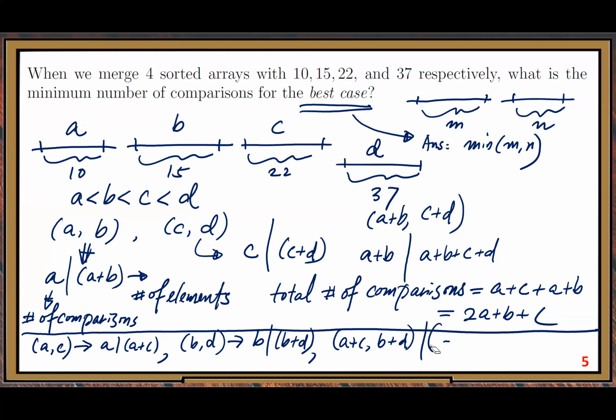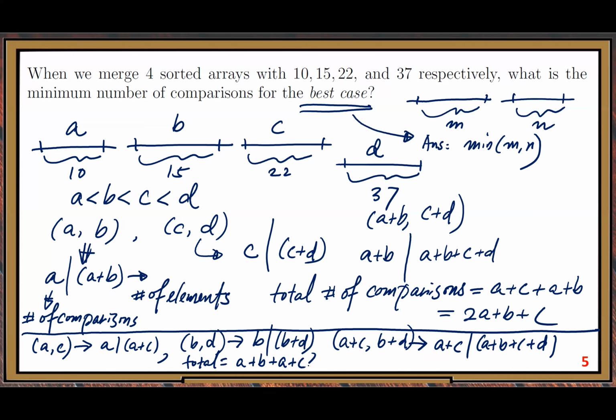With minimum A plus C comparisons and A plus B plus C plus D elements. Total number of comparisons: A plus B plus A plus C. The same, right?